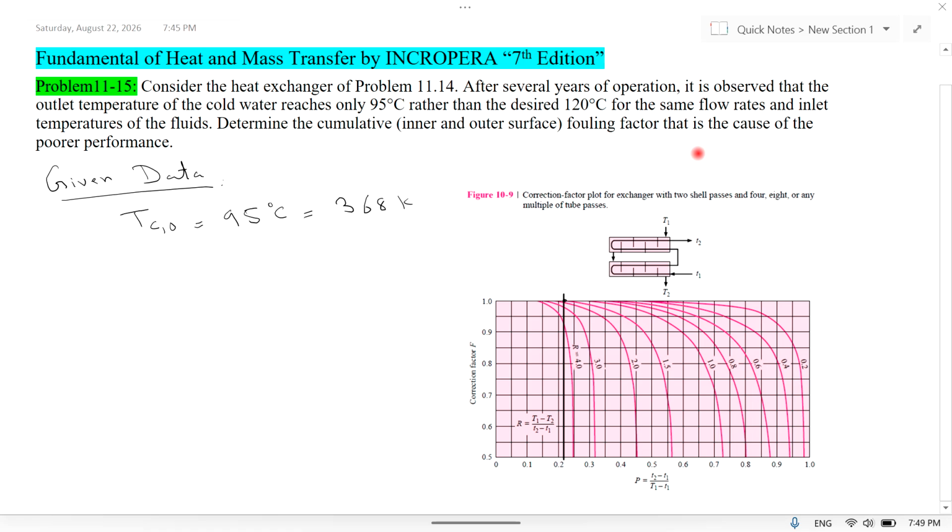Now we will use data from problem 11.14.